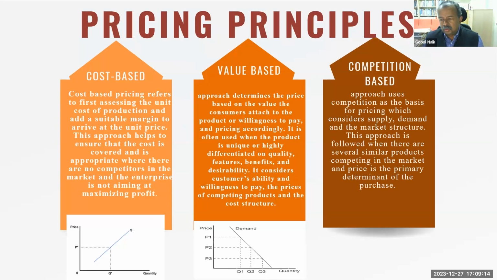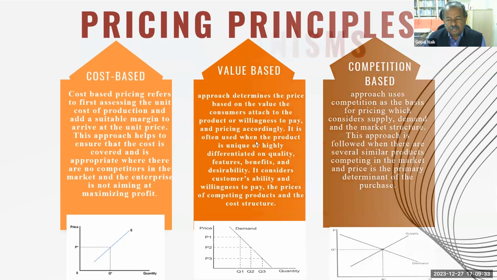Many products, FMCGs and others, and of course commodities, you see very much in the market, where you will see competition-based pricing. So for us, most relevant is cost-based pricing.